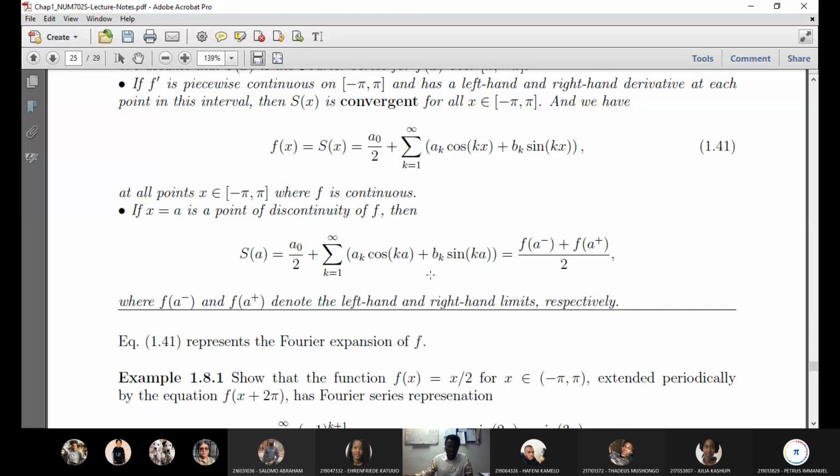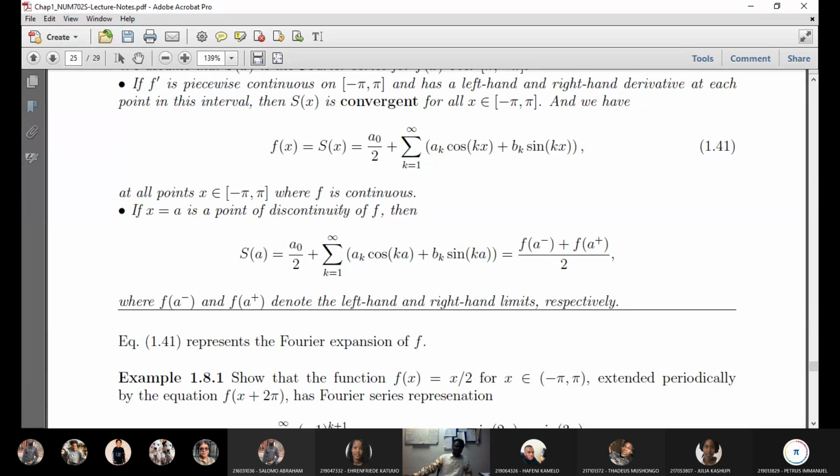That's the point of discontinuity. So at the point of discontinuity, the series will converge towards the average of the left and right hand limits. But if f is continuous at that point, it will converge to f of that point.